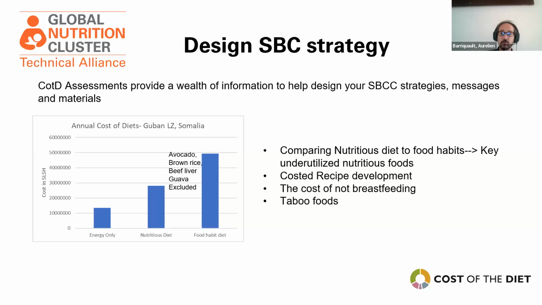Another example of how it can inform SBC strategy is how we can use all the information from the cost of the diet on food that has been identified: local, nutritious local food, but which are underutilized, under-consumed. As I said earlier, it could also support costed recipe development, and I will go back to this point in the next slide.